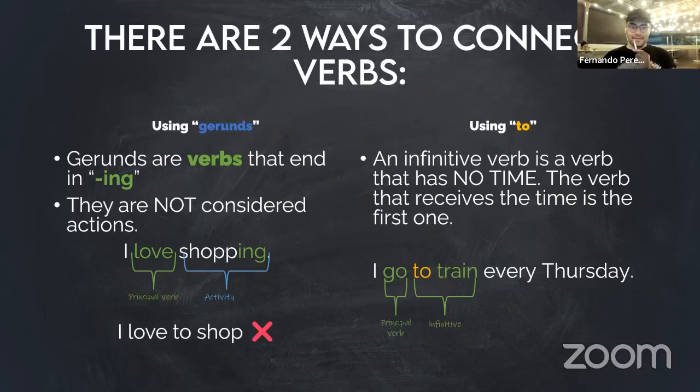The principal verb always receives the time, and for the secondary you have two options, ing or to. They are not considered actions, and they are not receiving time.